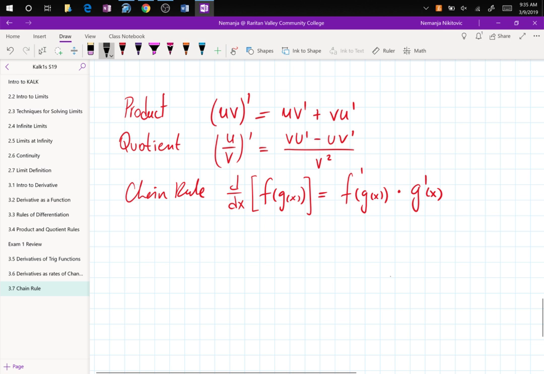So we start by looking at a problem, for instance, the derivative of e to the 3x cosine 6x.